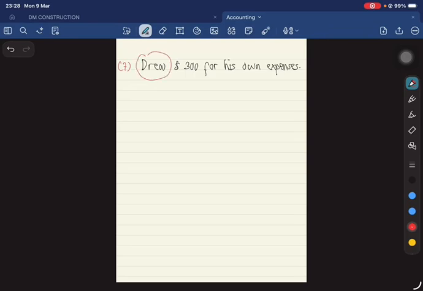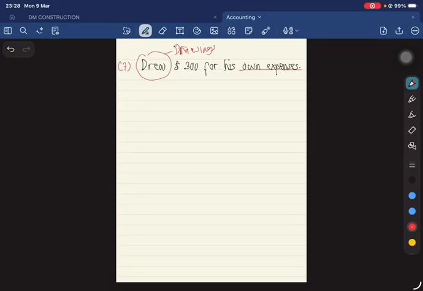Drew, so drawings. For his own expenses. So this is the keyword, for his own expenses.